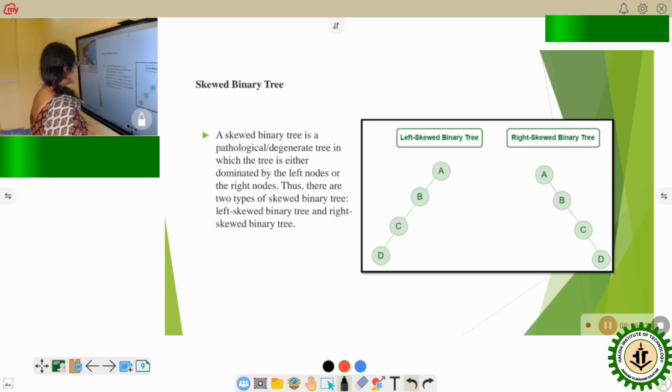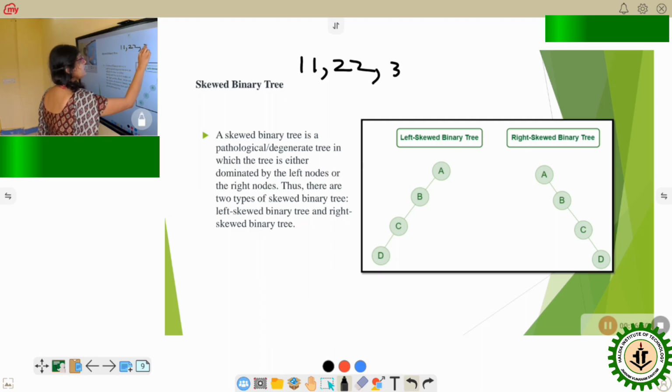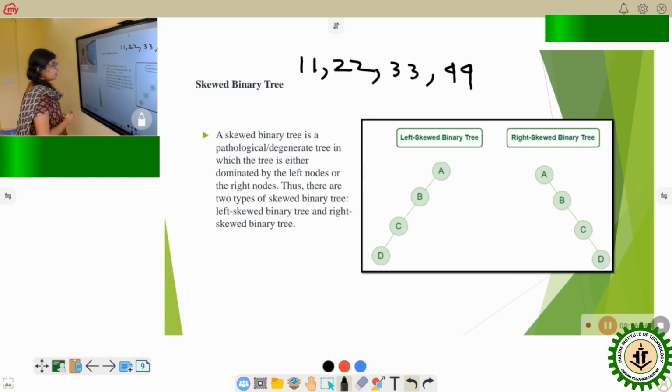So suppose we have nodes 11, then 22, then 33, then 44. Suppose we have these kinds of keys to fill a binary search tree. So how will it be created?